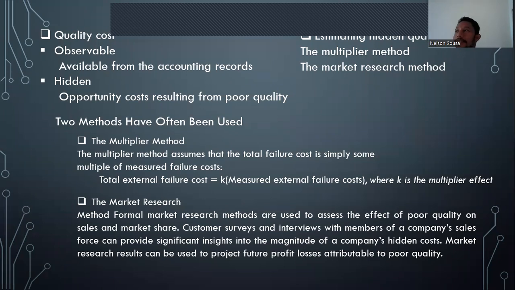The second method is market research. These methods are used to assess the effect of poor quality on sales and market share. Customer surveys and interviews with members of a company's sales force can provide significant insight into the magnitude of a company's hidden cost. Market research results can be used to project future profit losses attributable to poor quality.